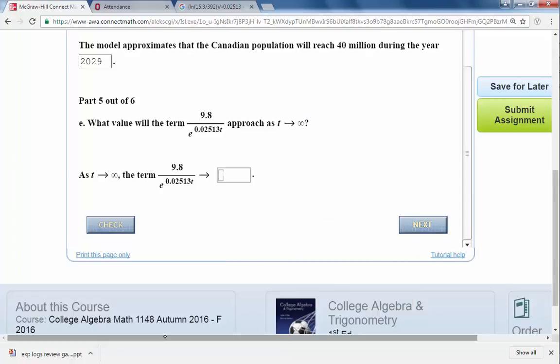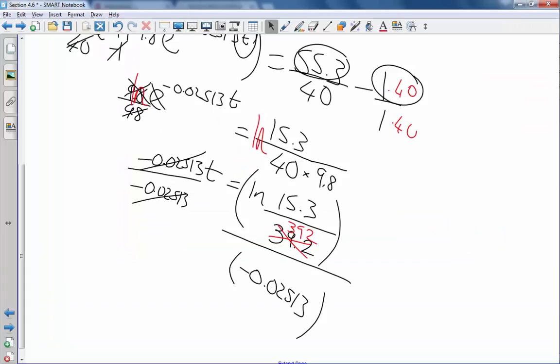When you raise e to infinity, what do you get? You have e with a huge power. Isn't e 2.7?